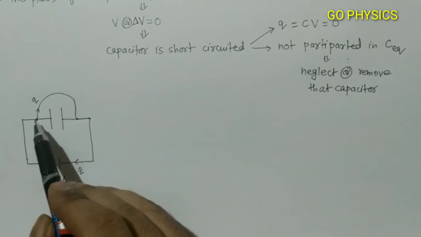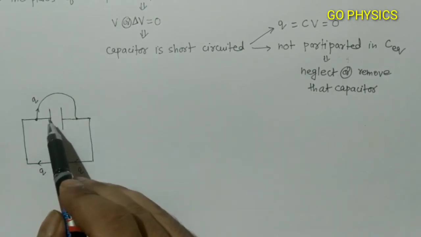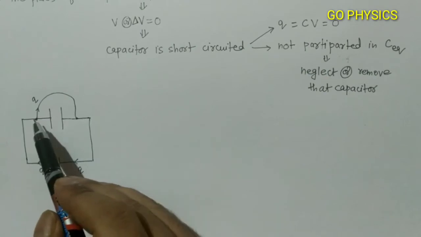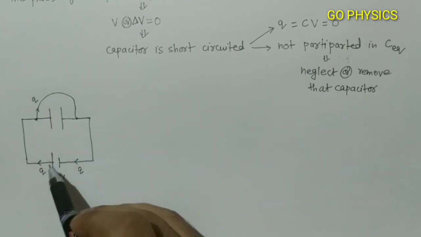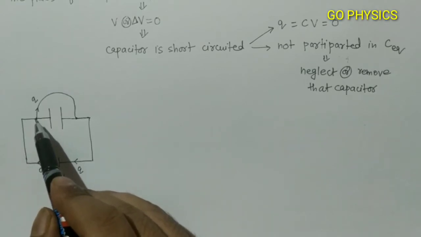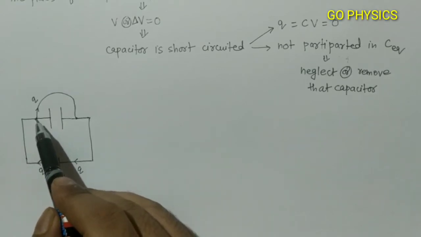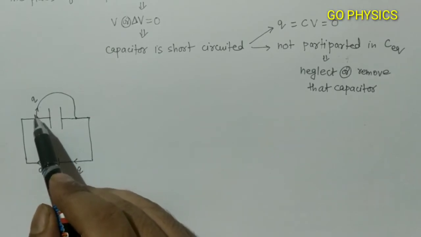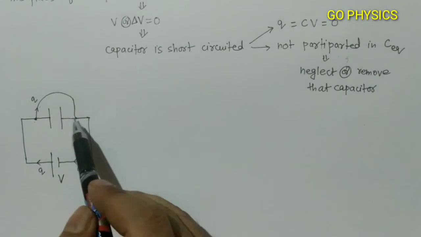So since no charge will go in this direction, whatever charge goes out from the battery at this node, there will be no redistribution of charges, that is Q1 and Q2. All charge will pass through this wire.